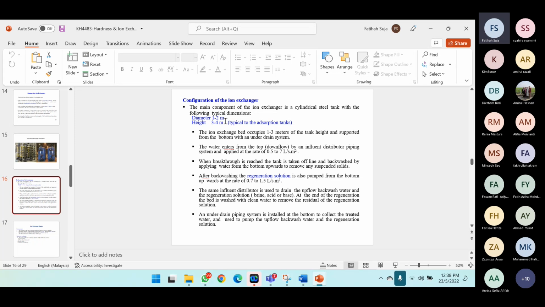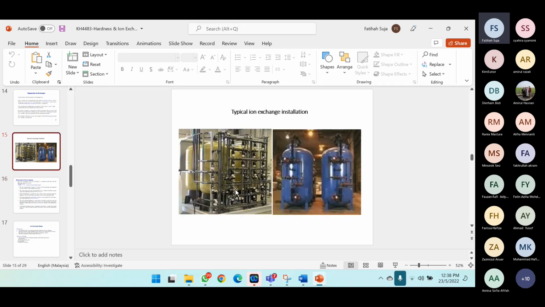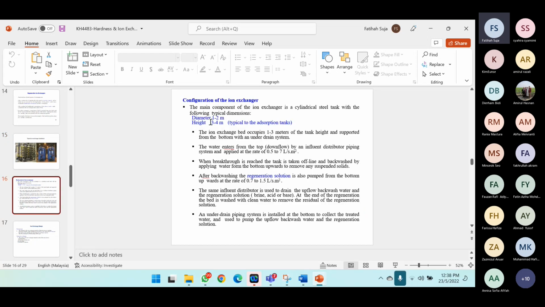Diameter could be 1 to 2 meters and height 3 to 4 meters, typical of the adsorption tank. That's why there's not much difference from one industry to another when they use this ion exchange.